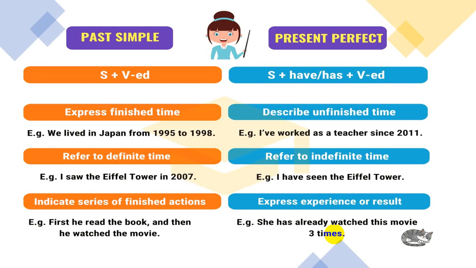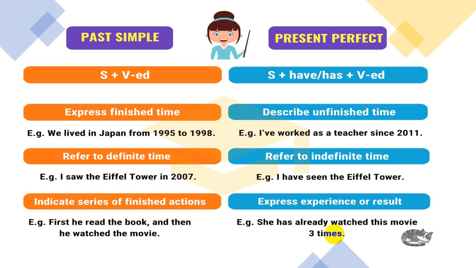We form it by adding have or has plus the verb in the past participle form, the third form of the verb. So the first difference: past simple, finished times; present perfect, unfinished times.